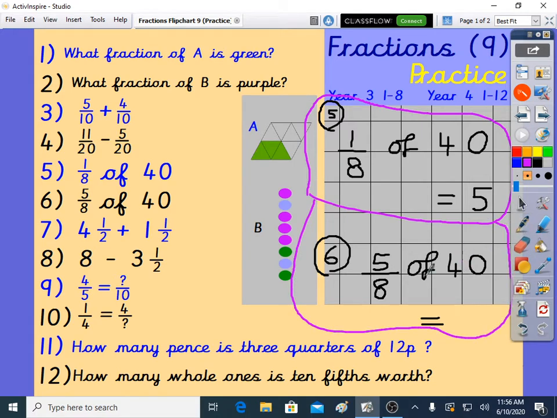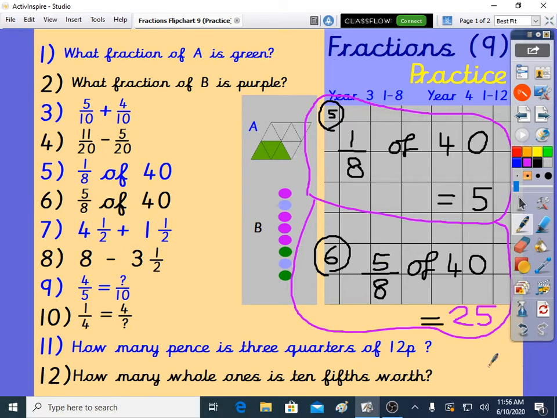What you do is 40 divided by 8. 8 and 16, 24 and 32, 40. That is 5. We knew that in question 5. We did 40 divided by 8. That is 5. But then you get that 5 and times it by the top. 5 times 5. 5, 10, 15, 20, 25. And the answer is 25. Because 5/8 of 40 is 25.